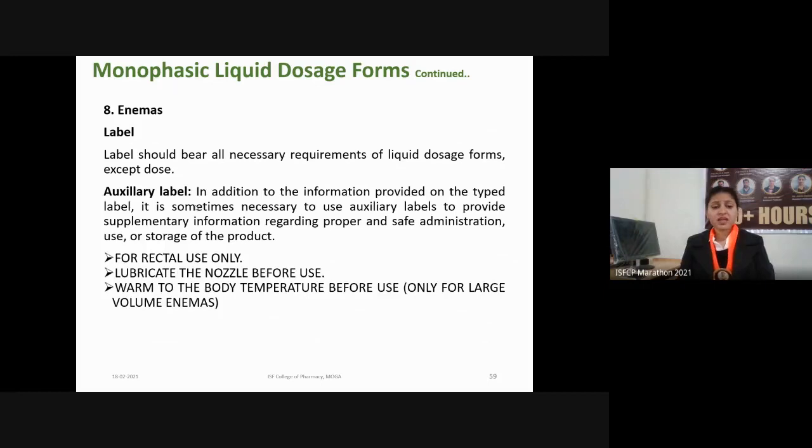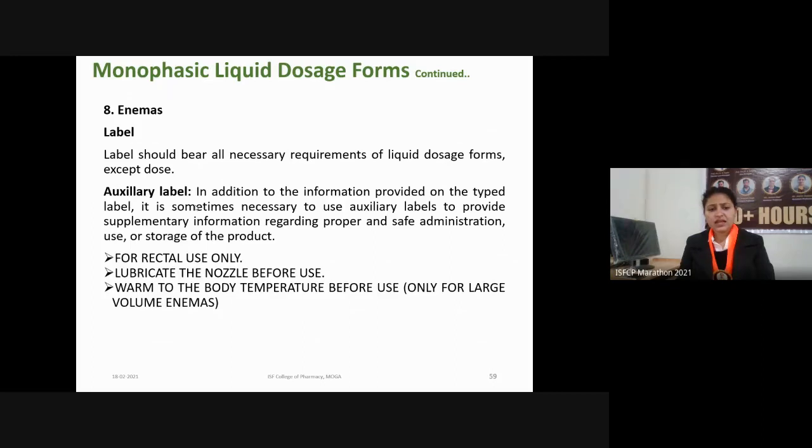Next is the label. The label should bear all the necessary requirements of the liquid dosage form except dose. Auxiliary label: in addition to the information provided on the label, it may be necessary to use auxiliary labels to provide supplementary information regarding the proper and safe administration, use, and storage of the product.